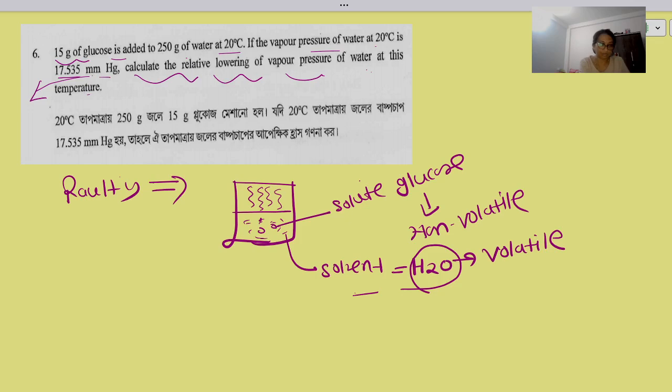What is the mole fraction? Mole fraction is the participation of the different types of solute and solvent in a solution. According to Raoult's law, P naught is the pressure of the pure liquid and P is the total pressure, and the relative lowering is equal to the mole fraction of the solute.